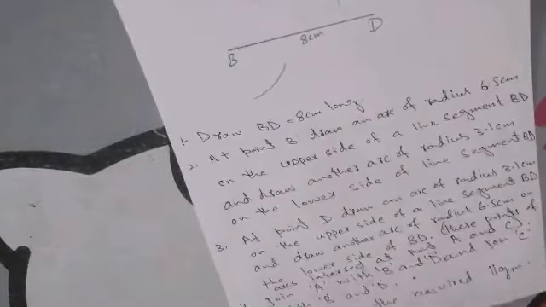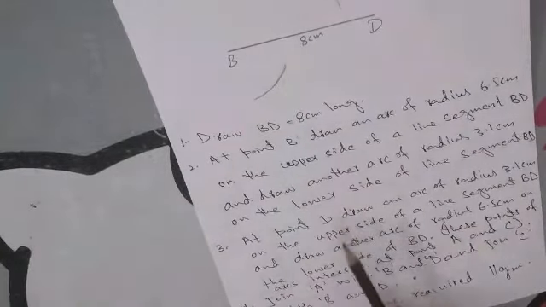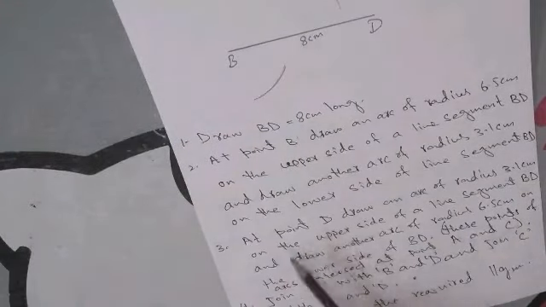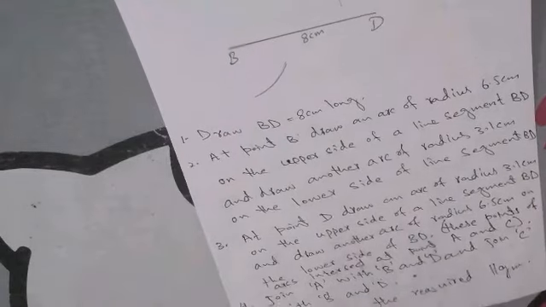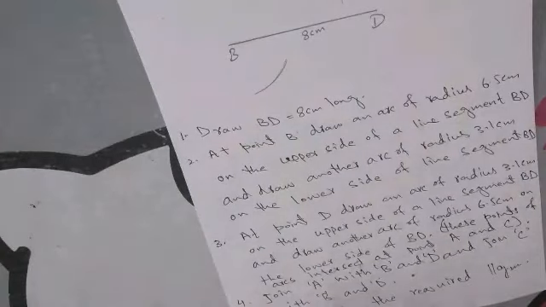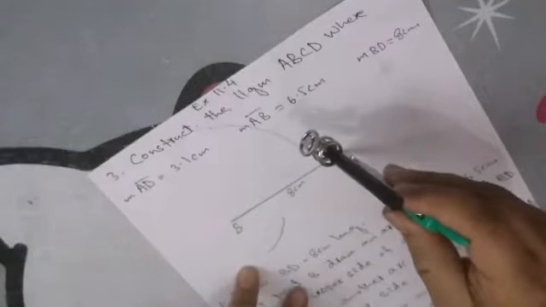Now you have given AD 3.1 centimeter. So at point D draw an arc of radius 3.1 centimeter on the upper side. The given length you draw on the upper side of the given point. We already opened our compass 3.1 centimeter.